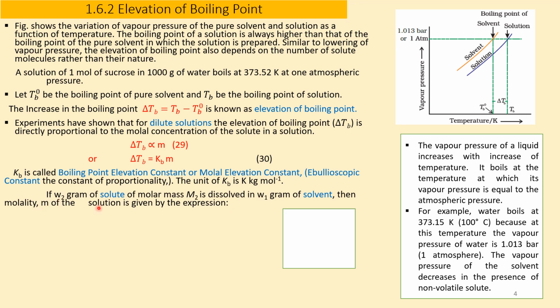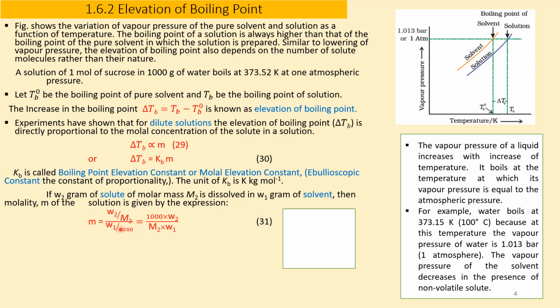If W2 grams of solute of molar mass M2 is dissolved in W1 grams of solvent, then the molality m of the solution is given by the expression m is equal to W2 by M2 divided by W1 into 1000.